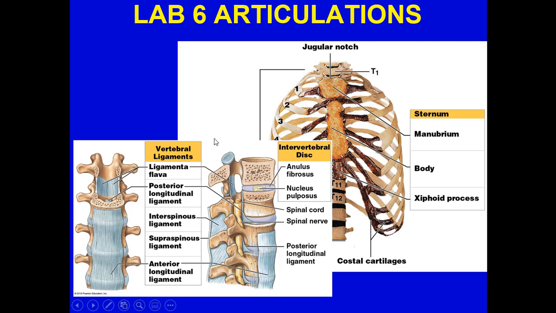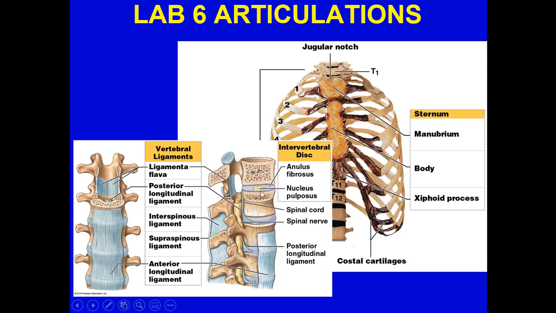Now, vertebral ligaments. You can see here you have these longitudinal ligaments up here. You have the ligamentum flavum here, and of course the posterior longitudinal ligament right here, as well as the interspinous ligament and the supraspinous ligament. What these are all doing is allowing for a little bit of movement, but not tremendous, okay?